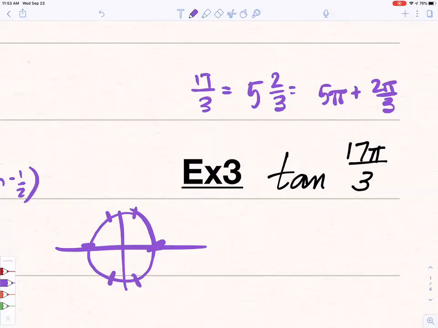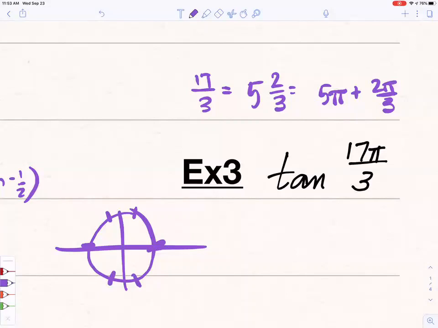Well, here's 1 pi over 3, 2 pi over 3. I still land on the same spot. I just didn't have to count around. So if you don't have very far to go, 17 is not very far to go. But if I gave you something like 93 pi over 3, that might be a little more challenging to keep counting. We would end up losing our place.